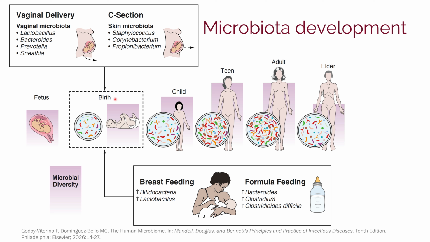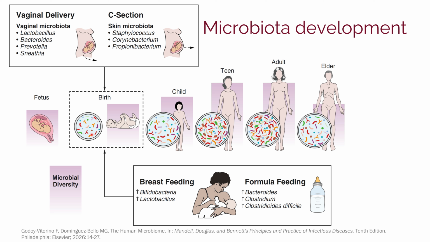And this is the first opportunity for the microbiome to differ in persons when you consider babies that are born through a cesarean section. They will essentially be exposed to bacteria from the skin. And this is skin microbiota that are a representation of the bacteria in the operating room where the C-section is done.